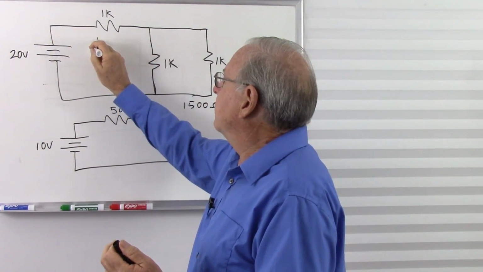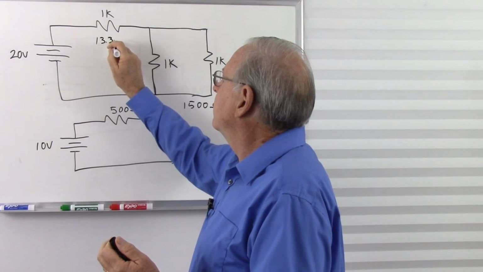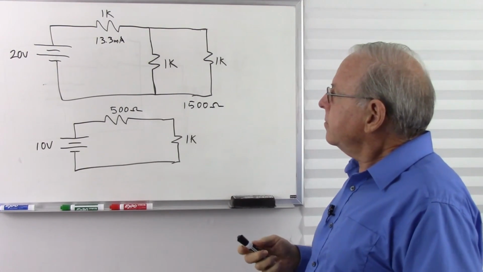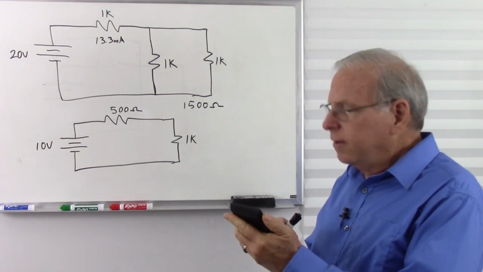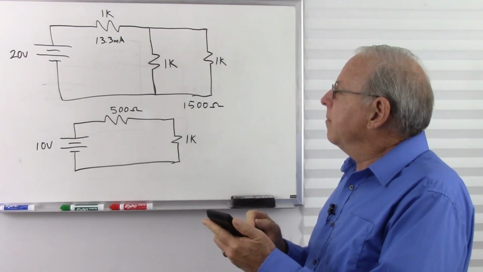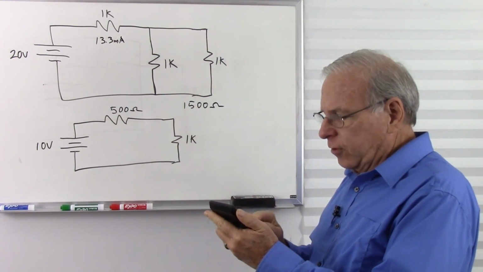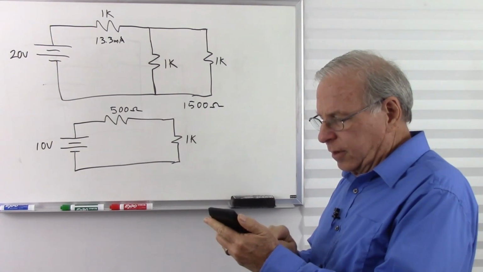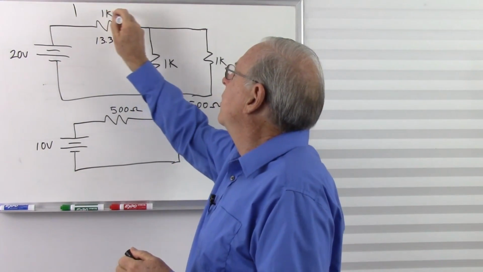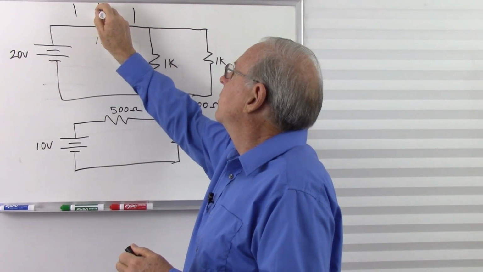20 divided by 1500 gives us a total of 13.3 milliamps through that 1K resistor. So how much voltage are we losing there? That's going to be 13.3 milliamps times 1,000. And that gives us 13.3 volts across here.